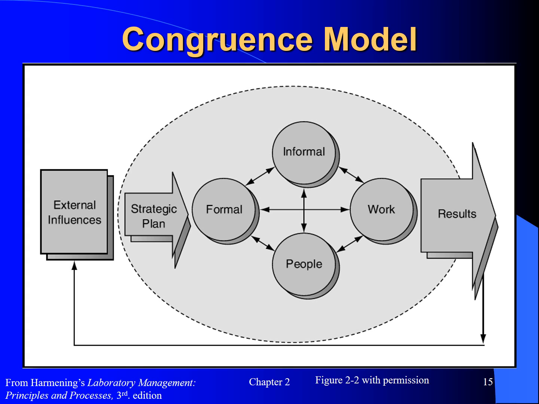People: they include skills, knowledge, and workforce expectations. Formal organization: the formal structures, policies, and procedures for performing the work. Informal organization pertains to culture and informal rules and understanding about how the system works.